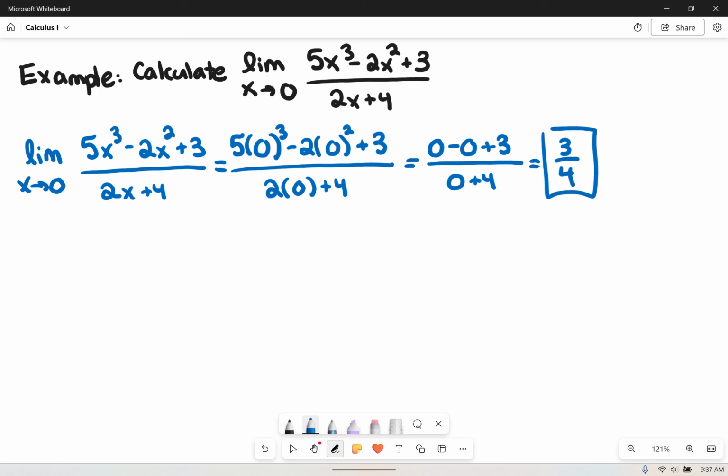Since I got a number, 3/4, I don't have to do anything more complicated. Technically, I'm using various limit laws to evaluate this limit, but the end result is the same as just plugging the number in.